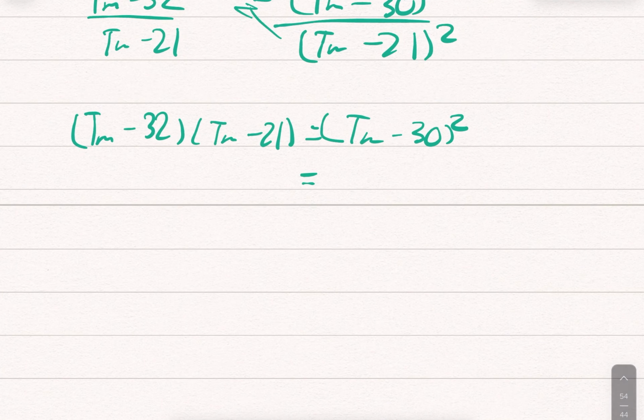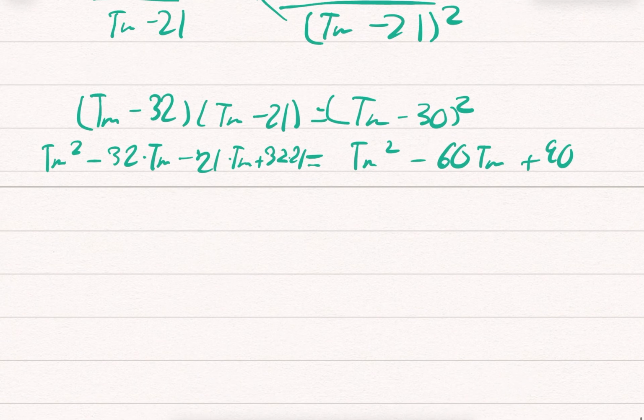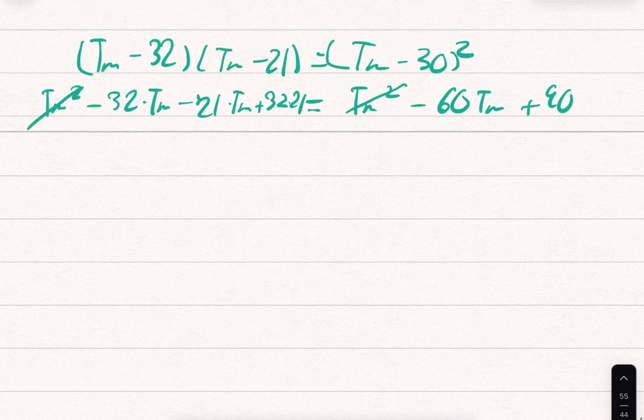Let's do this really quickly. Tm squared minus double the product of the two, 60 Tm, plus 900. On the other side, Tm squared minus 32 times Tm, minus 21 times Tm, plus 32 times 21. Cancel the Tm squared, no matter what.